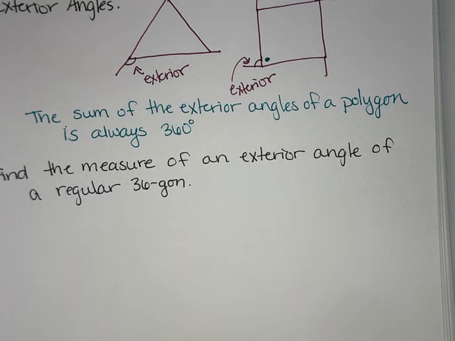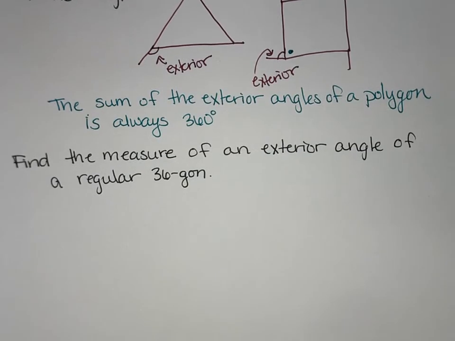Okay, so 36-gon. That's whenever we don't have a special name for it, like quadrilateral is a special name for a 4-sided polygon. So when we don't have a special name for it, we just put the number of sides, dash, gon. That's how we write the polygon. So this is saying find the measure of an exterior angle of a regular 36-sided polygon.